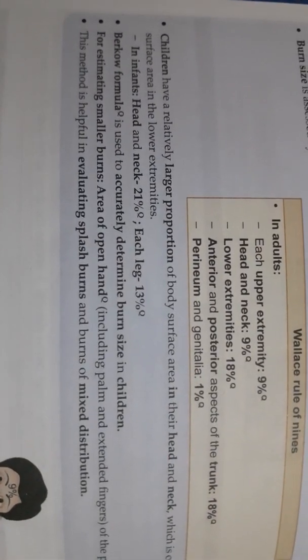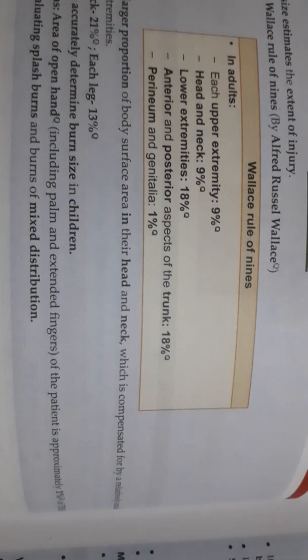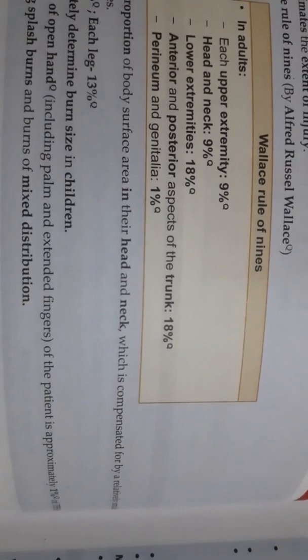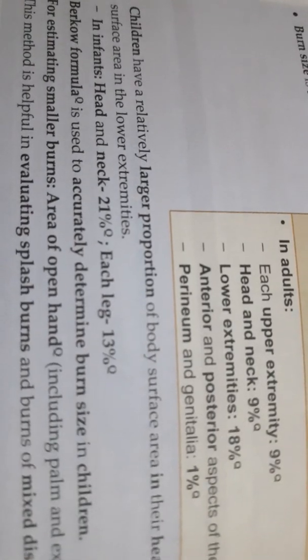Children have a relatively larger proportion of body surface area in their head and neck, which is compensated for by relatively smaller surface area in the lower extremities.